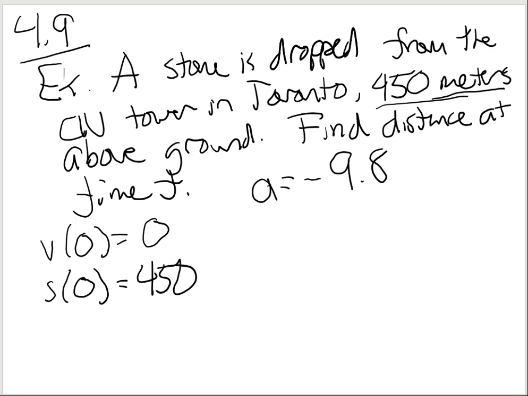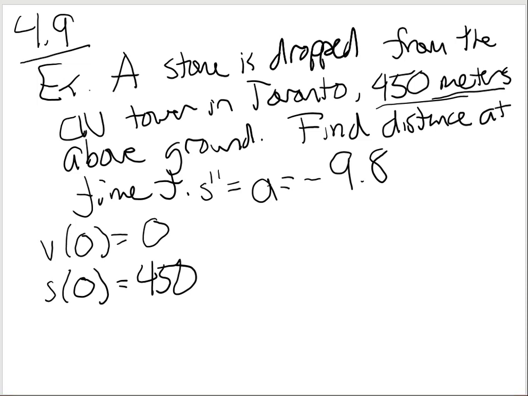So, can we take our s double prime equal a equals negative 9.8 and take this information we have and find what our function s is?